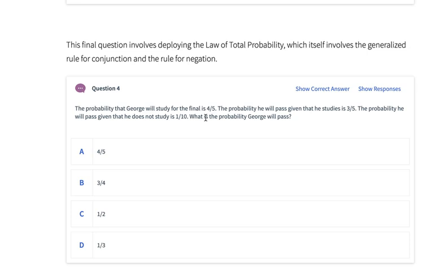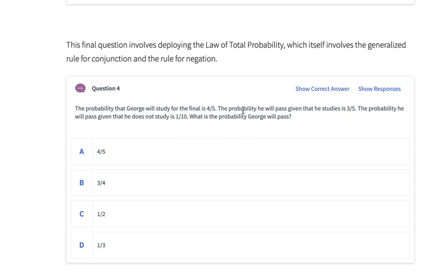The probability of P given S equals 3 out of 5, where P is that he will pass. And the probability of P given not S, given that he doesn't study, is 1 over 10. We were given that information, and now we're asked, what is the probability of P, that he will pass?